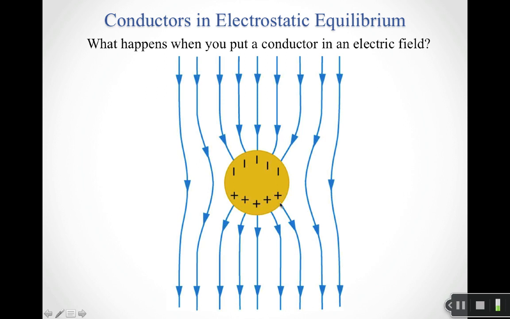Instead of just running straight up and down, now it's responding to the charges on the surface of the conductor. Here you can see that each of these lines comes into the sphere perpendicular to the surface. Here's the normal to the sphere at this point, which runs in this direction, and that's the direction that the electric field line comes in.